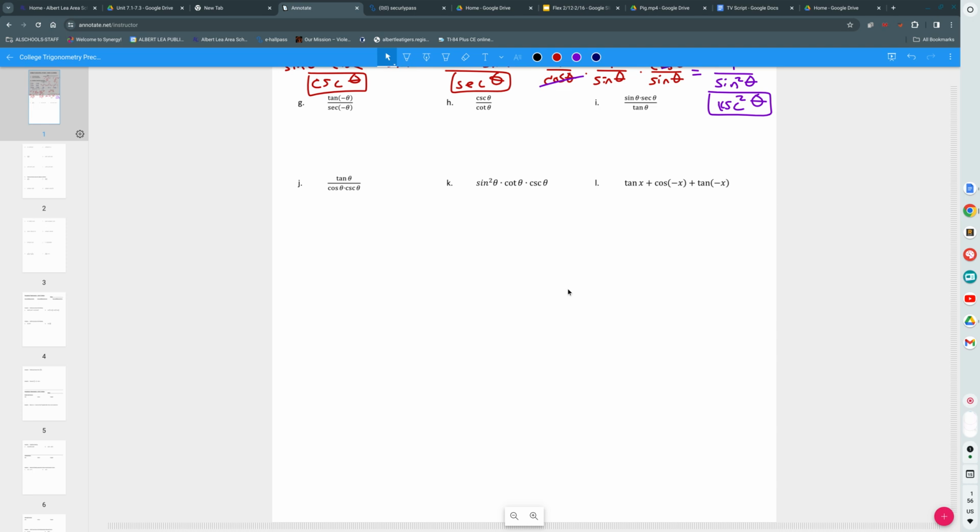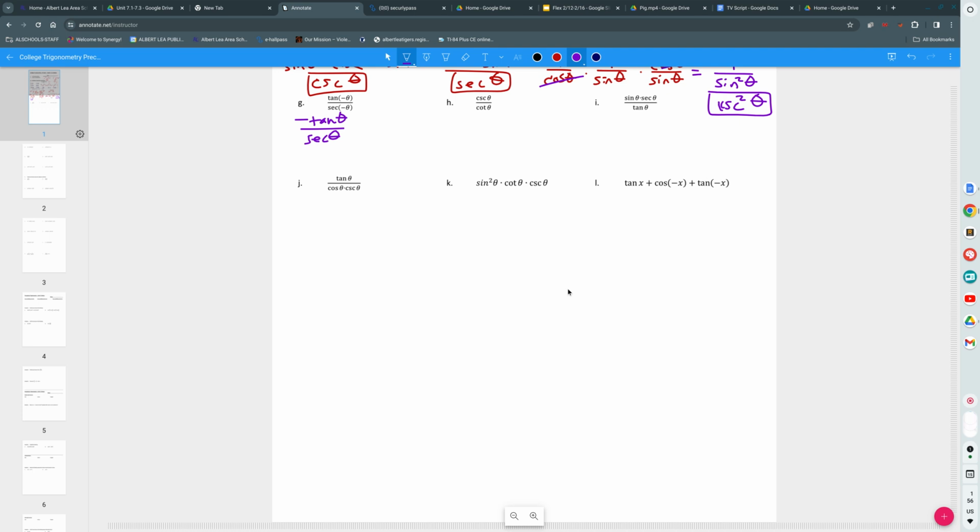We have another problem in letter G that involves some negatives. Remember, the negative for tangent moves out front. And secant of a negative, that will disappear and just give me secant. What now? I'll rewrite tangent as sine over cosine.